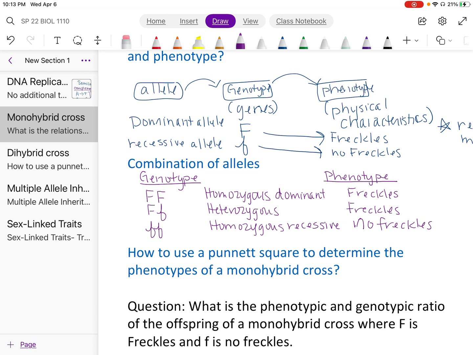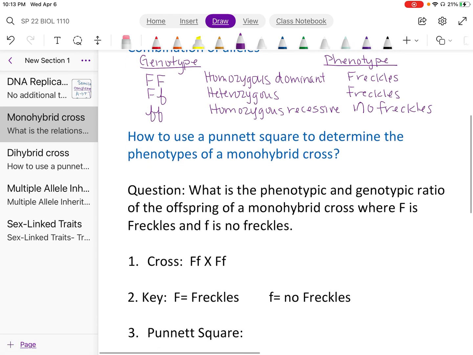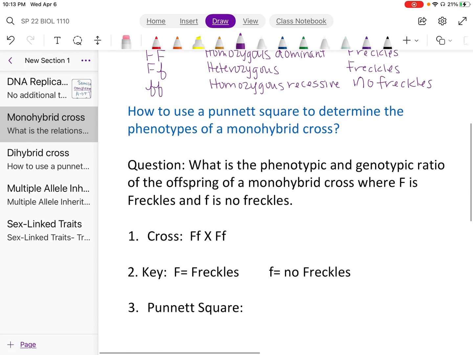So now let's put this into action by using a Punnett square. So how we're going to use a Punnett square to determine the phenotypes of a monohybrid cross. So our question is, what is the phenotypic and genotypic ratio of the offspring of a monohybrid cross where capital F is freckles and lowercase f is no freckles?